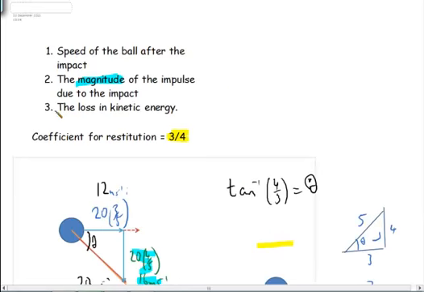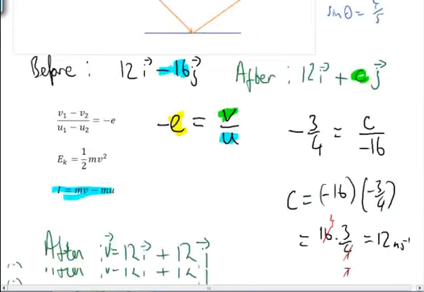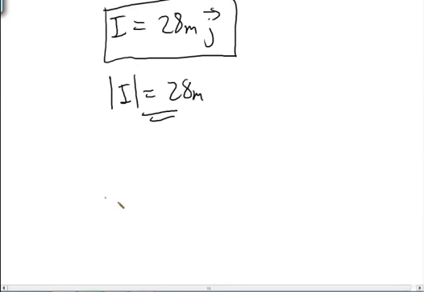Final part is the loss in kinetic energy. So part 3. Now to get the loss in kinetic energy, you need to use the formula for kinetic energy, which is in the log tables as well. Kinetic energy is equal to 1/2 mv squared.